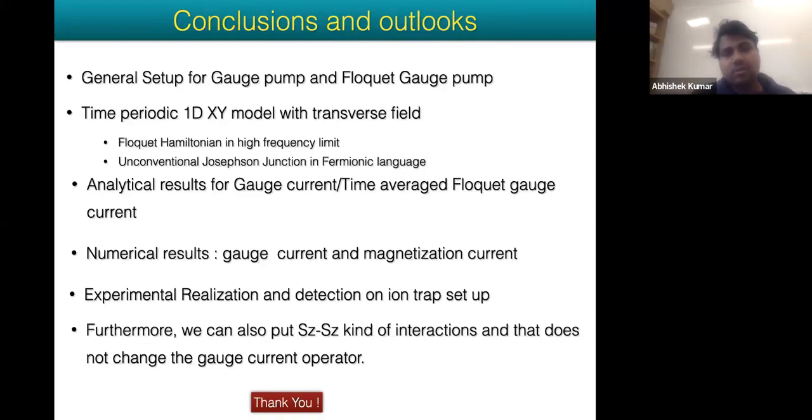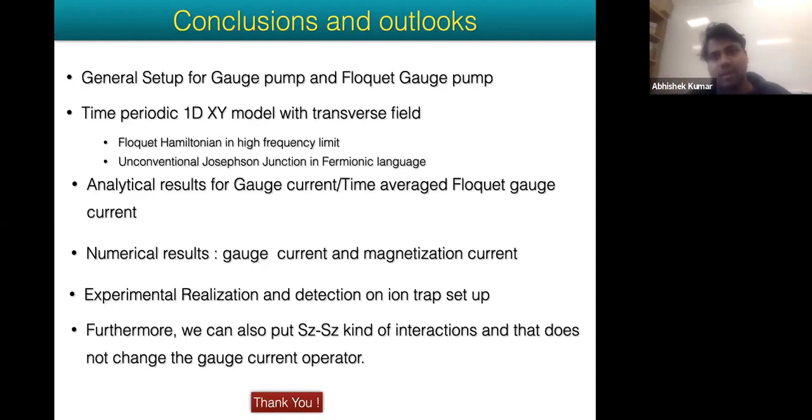So we can also think about adding SGSG kind of interaction. If we add SGSG kind of interaction, the current operator will not change, but then we have to think about the ground state.